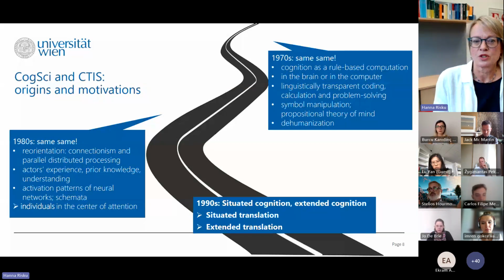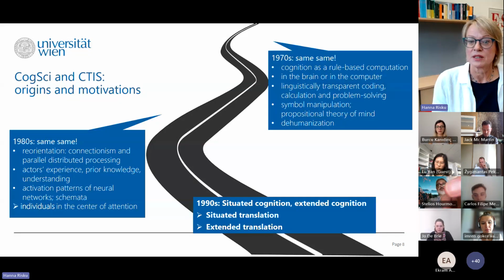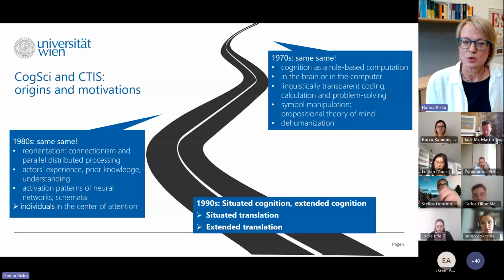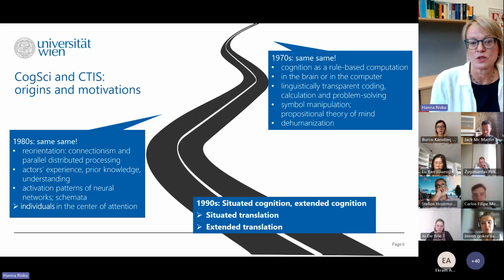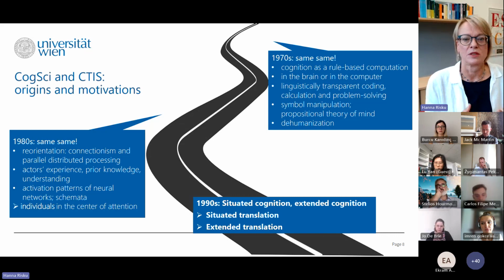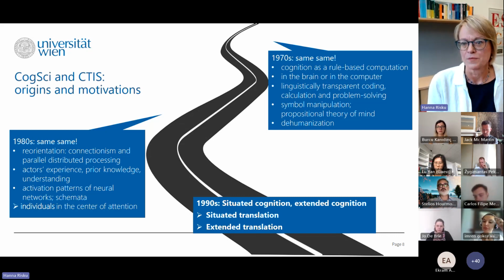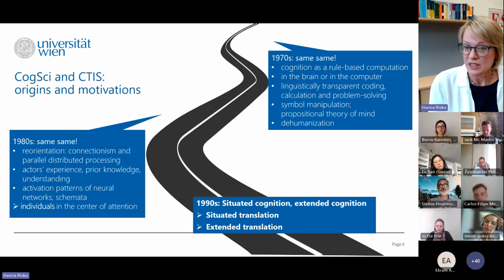These new approaches of connectionism and parallel distributed processing argued that it is these flexible neural activation patterns, these schemata, that thinking is based on, and that thinking is not based on rule-governed sequences of states that can be coded as symbols and syntactic structures. But now individuals with their own past learning and experience took center stage in these approaches.